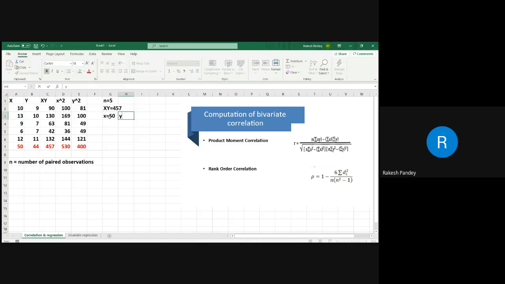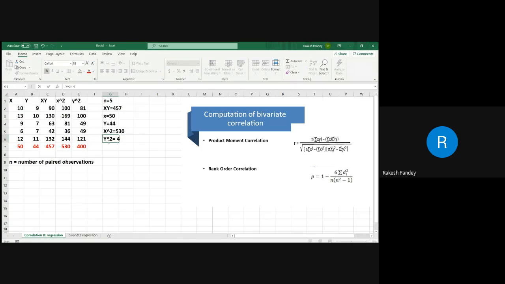Summation y is equal to 44. Summation x square is equal to 530, and similarly summation y square is equal to 400.